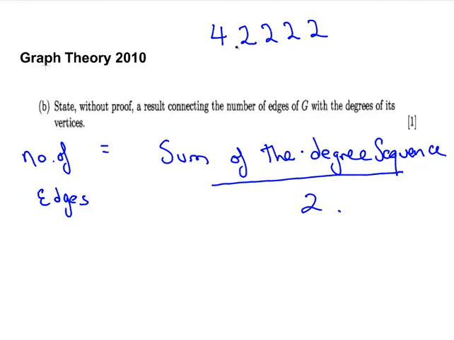That means the sum of the degree sequence is 12, and that means there are 6 edges. So, number of edges is the sum of the degree sequence divided by 2. So you don't have to prove it or anything like that.